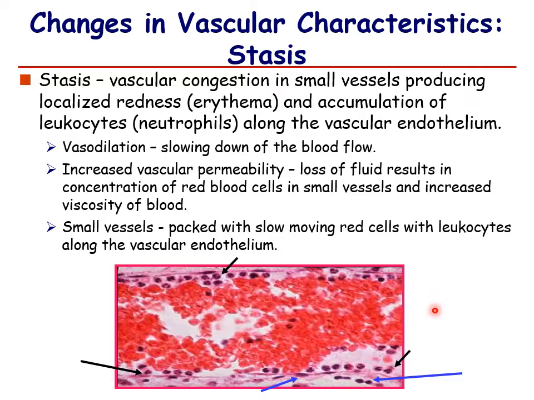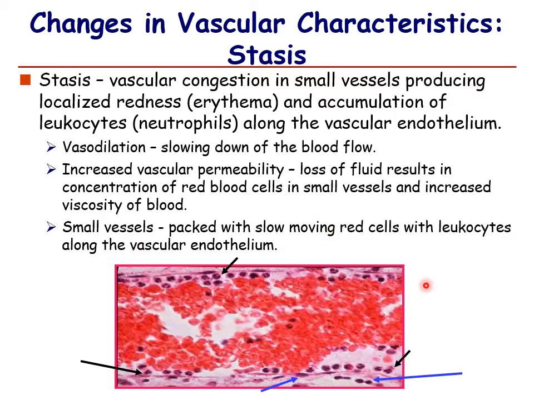The figure at the bottom shows a section of the small vessel where you see the vascular endothelium on the top and the bottom. This is intravascular, so inside the small vessel, and the part that you don't see on this slide is the tissue.